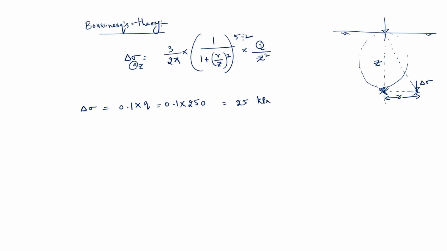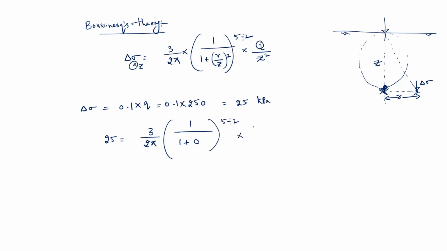Now we know delta sigma is 25, 3 by 2 pi, and r is 0. If we want to find exactly under the line of application of the load, the bracket term will become 1, times Q by z square.